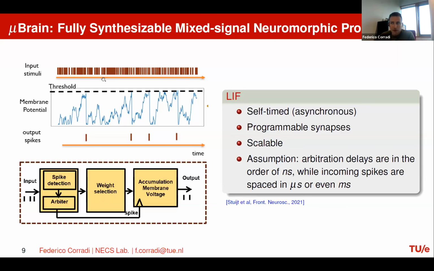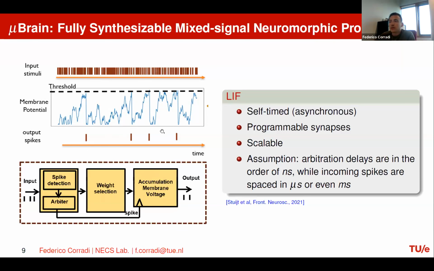It's an integrate and fire neuron, so nothing new so far. It receives a bunch of input stimuli, spikes. The neuron has a membrane potential that is a digital value encoded with an accumulator. Here you can see it. And as soon as it reaches the threshold, it emits one spike, one output pulse, and then the neuron is reset to its resting potential.